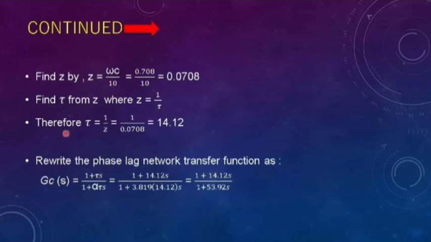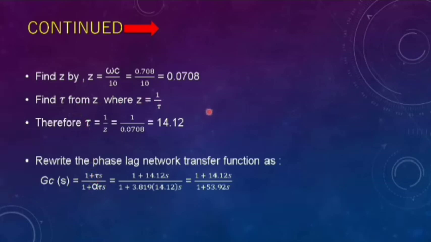Next, we need to rewrite the phase lag network transfer function GC(s), which is equal to 1 plus tau s over 1 plus alpha tau s. In order to rewrite this, we need the value of tau.